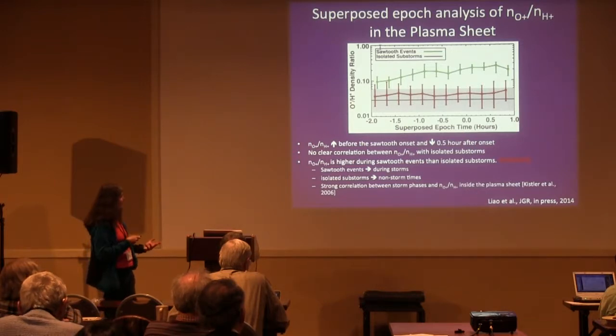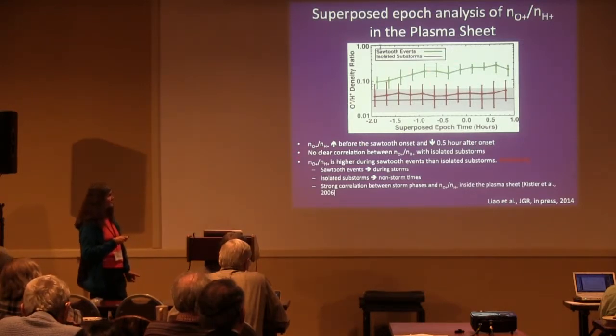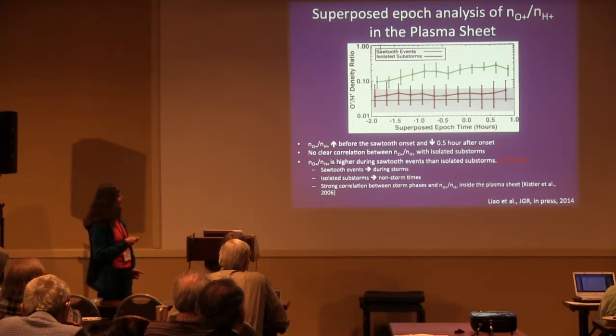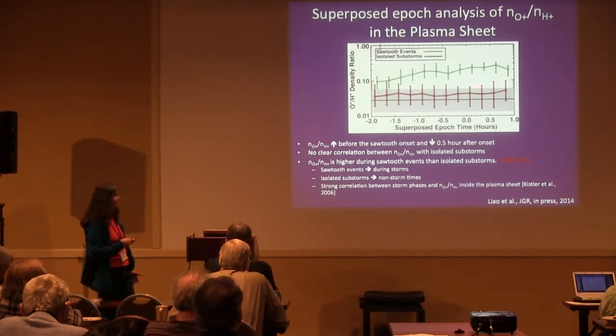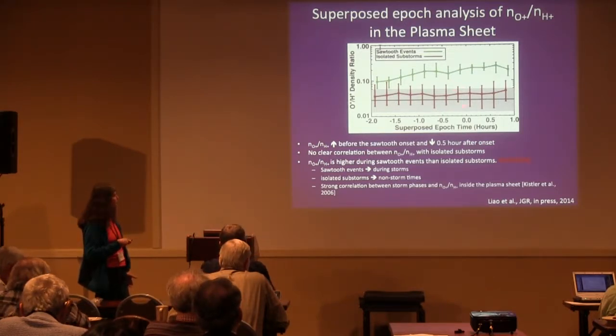And what you see is that the sawtooth events do on average have significantly higher oxygen, and you see this oxygen increase during the growth phase of the sawtooth events, while during isolated substorms, there's really no clear change.